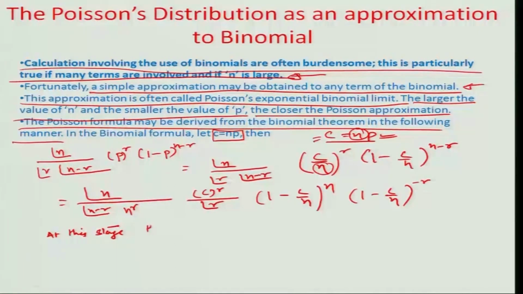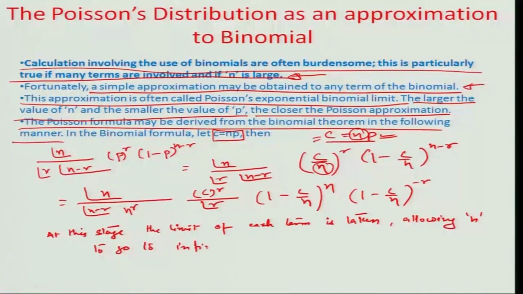the limit of each term is taken, allowing n to go to infinity, because obviously the n in the Poisson's distribution, as you know, is very large, and holding C equal to Np as constant.